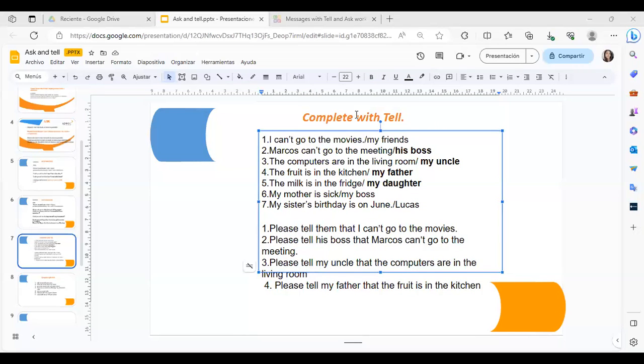Please tell my daughter. The milk is in the fridge. Yeah, because remember that is optional. So very good. Just finish the sentence. The milk is in the fridge. Okay, it will be like that.